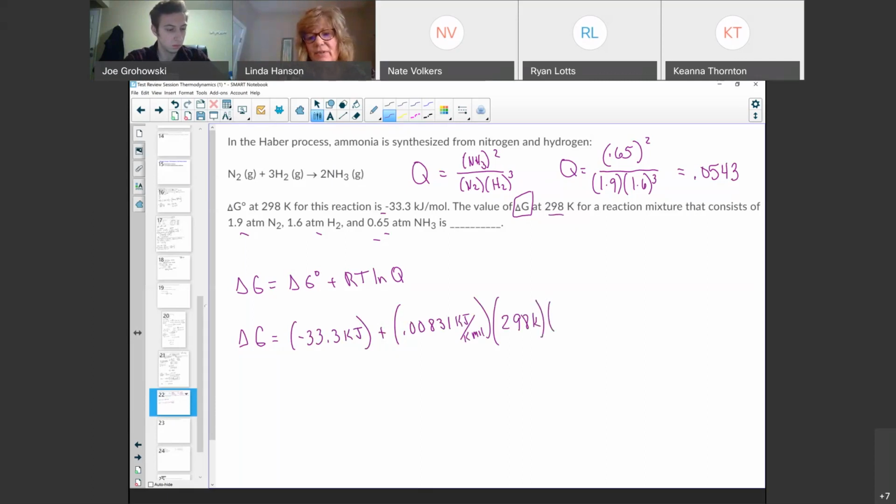And the natural log of our Q. One big sweep on your calculator and you'll have solved for the non-standard value of Gibbs free energy.